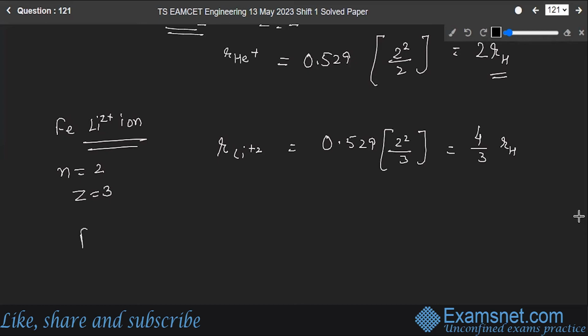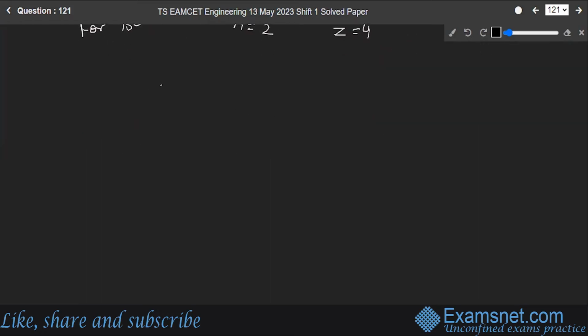And for the beryllium ion, you have n is equal to 2 and atomic number as 4. So radius of this ion is equal to 0.529 times 2 square upon 4, or this is equal to RH only.